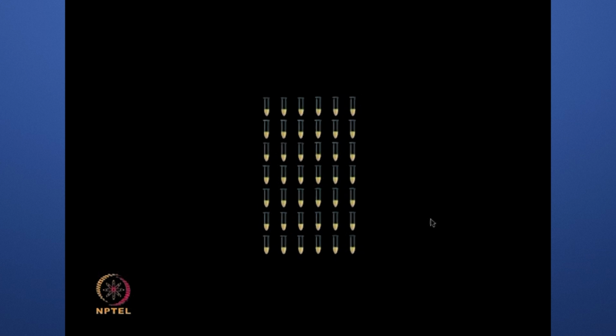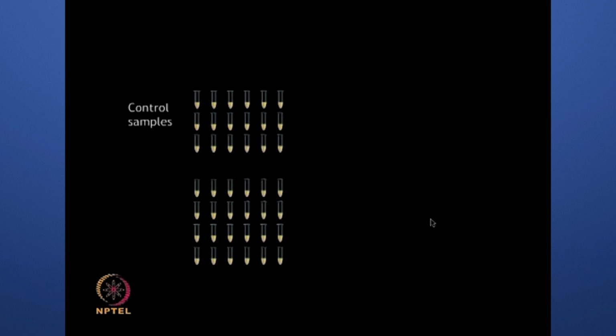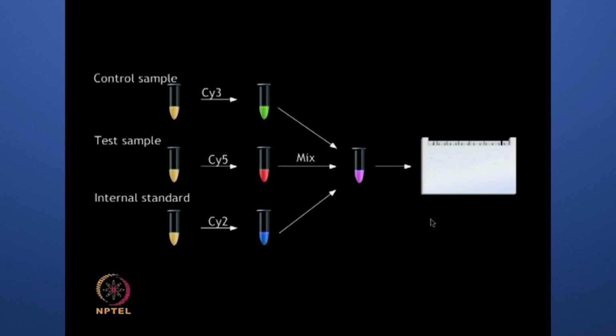whereas DIGE can be an extremely valuable tool for the analysis of a large number of samples simultaneously without having to overcome the problem of gel to gel variations. The control and test samples can be differentially labeled by using Cy dyes and run on a single gel.